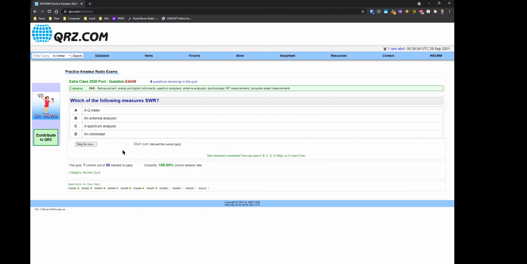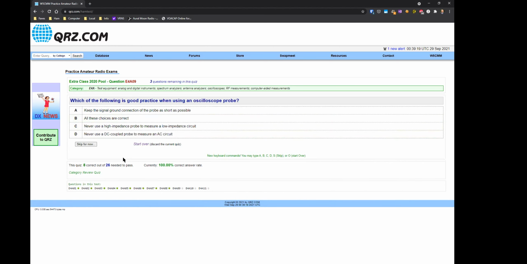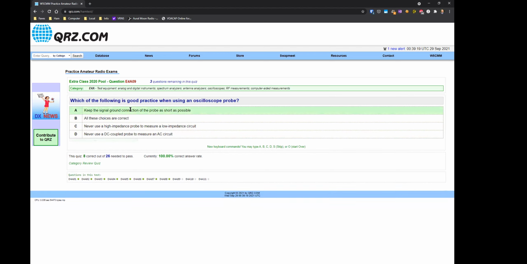Which of the following measures SWR? Antenna analyzer, A. Which of the following is good practice when using an oscilloscope probe? Keep the signal ground connection to the probe short.